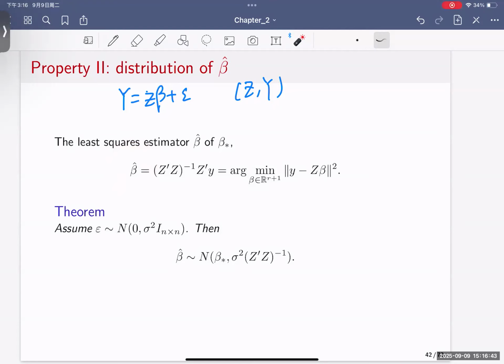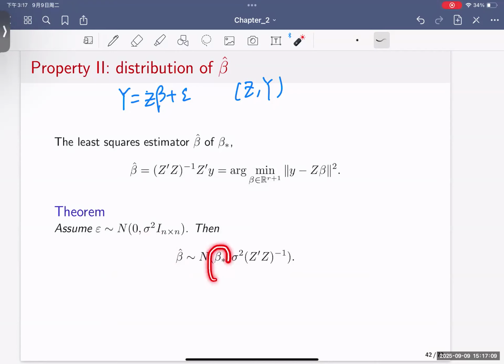Our next theorem says that if we assume epsilon is a Gaussian random variable, and I mentioned this assumption is not strictly necessary, we'll explain later, then beta hat is a Gaussian random variable. Beta hat is a random variable whose distribution is normal, also called Gaussian.